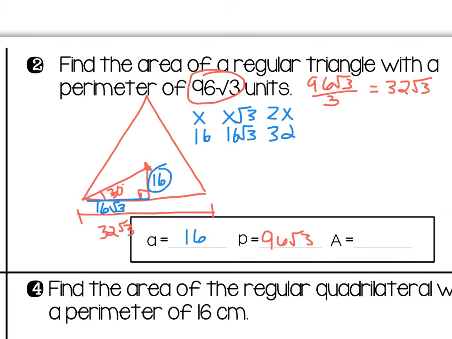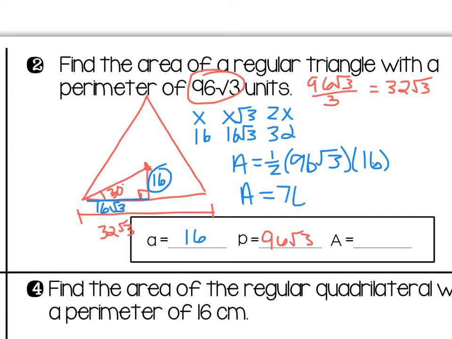So can I now find my area? Absolutely. Area equals 1/2 perimeter, which is 96 square root 3, times my apothem, which is 16. And when I multiply all of these things, I get a really big number. I get 768 square root of 3 for my area.